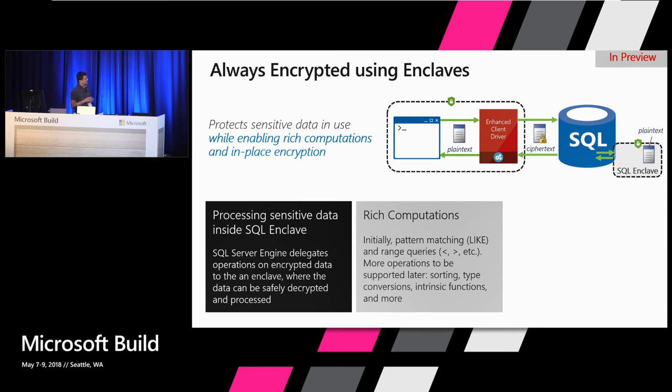So this allows us to provide richer computations on sensitive data without revealing data in plain text. We're starting with support for pattern matching like predicates and comparison operators, but this architecture essentially will enable us to support more operations in the future, right? So the idea is that we will deliver these rich confidential computing capabilities through this technology.